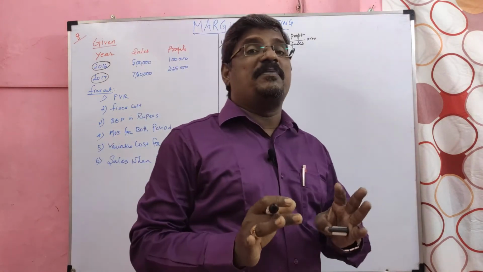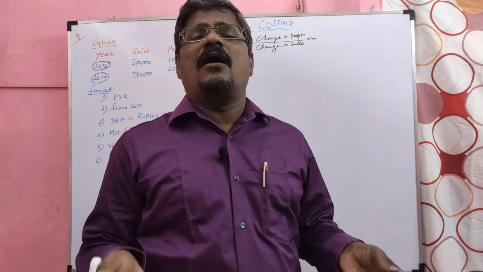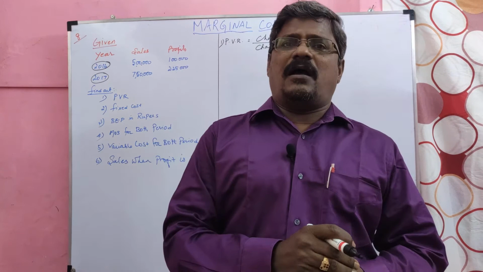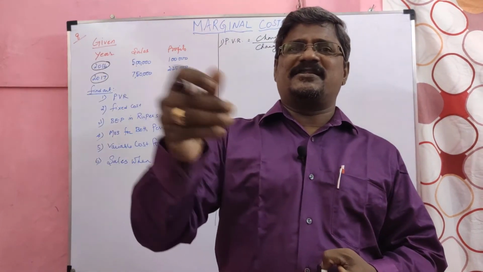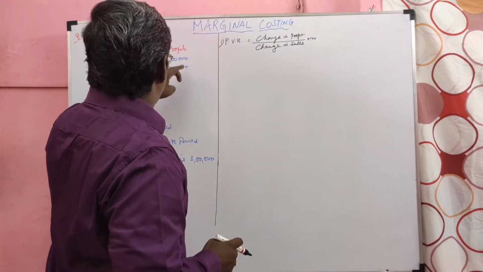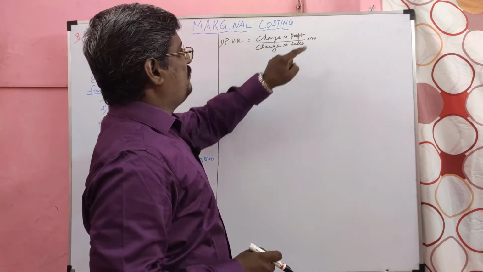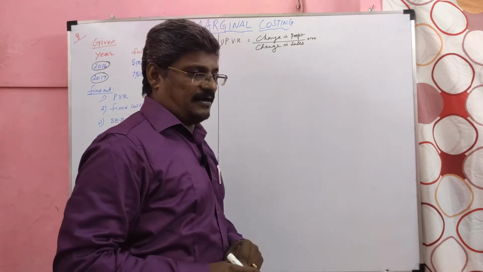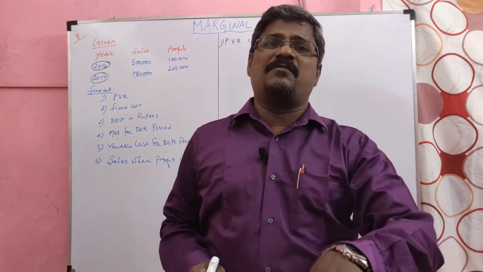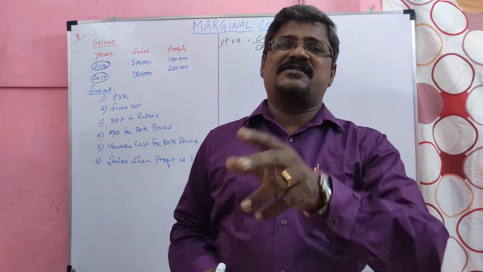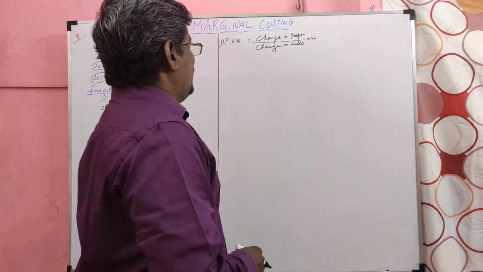We have to change the PVR formula. If profit and sales of two periods are given, we have to adopt the new formula, change in profit divided by change in sales into 100. Or we can write difference in profit divided by difference in sales into 100. You can write any one formula.